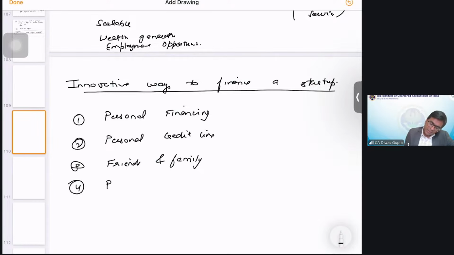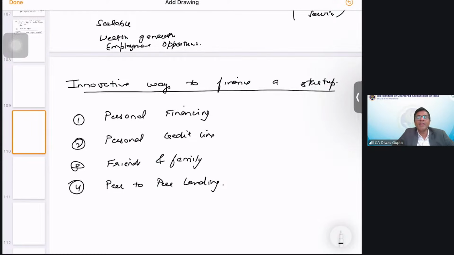Then comes peer-to-peer lending. Now, let's say there are 3-4 different startups, and there are 3-4 different founders, one founder for each of those startups, and all of them are connected. Now, they all know what the financing needs of the other startups are.